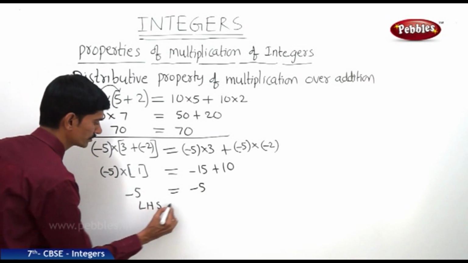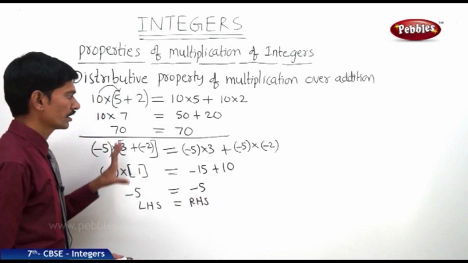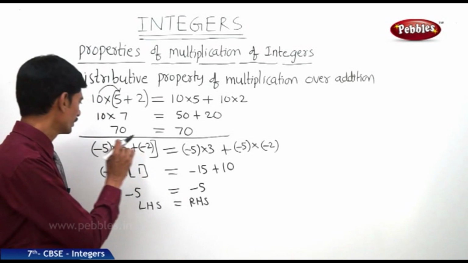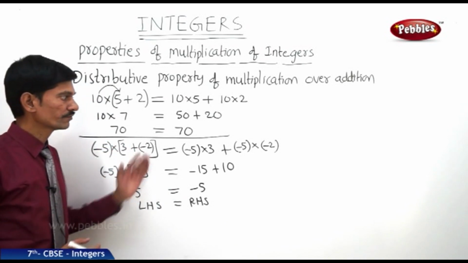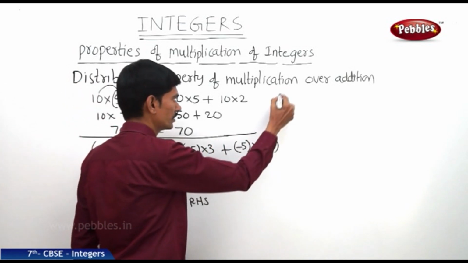Here we can write that LHS equals RHS. So this is true for any three numbers, not only for -5, 3 and -2. If you take any three integers, then we get both LHS and RHS equal.